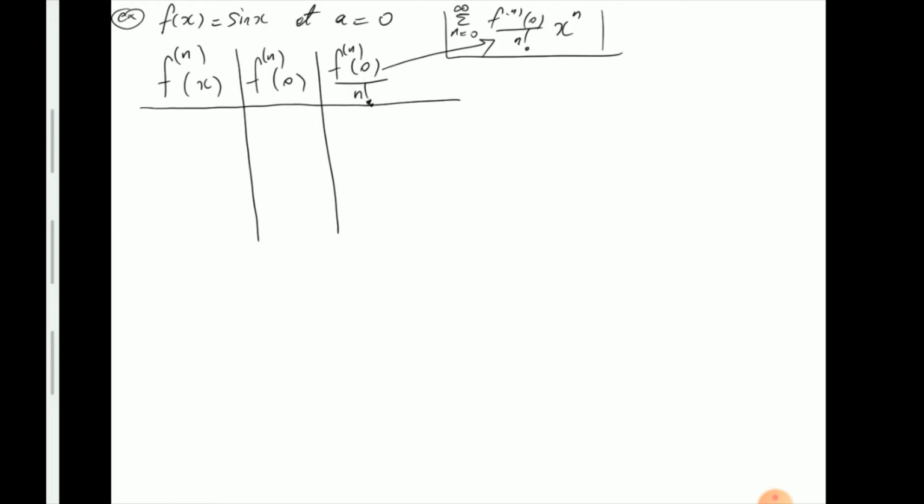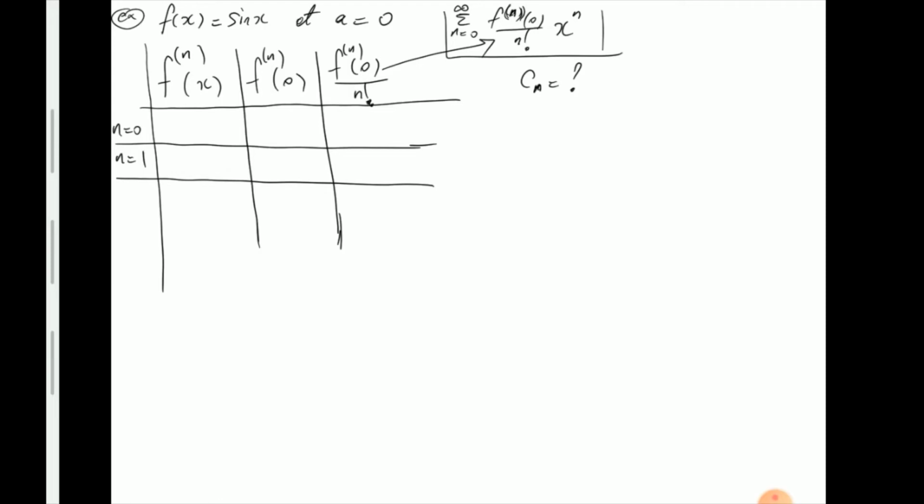Now, you should do this basically until you see a pattern, because in most of the problems that you will encounter, you will see a pattern in these coefficients. And then once you see the pattern, you can just find the general formula for the Taylor coefficient. And here, just indicate the value of n when you do these computations. So n equals 0, n equals 1, and so on.